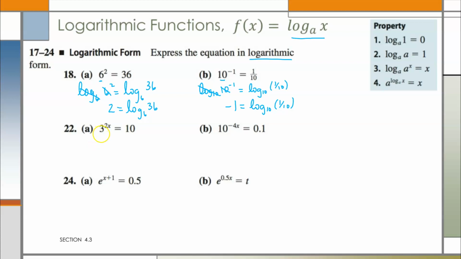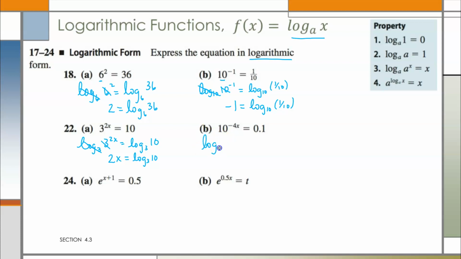Base 3. We're going to log base 3 on both sides. Once we log base 3 on both sides, we chose 3, so those cancel out. 2x equals log base 3 of 10. What base would you use here? That's base 10. Good.